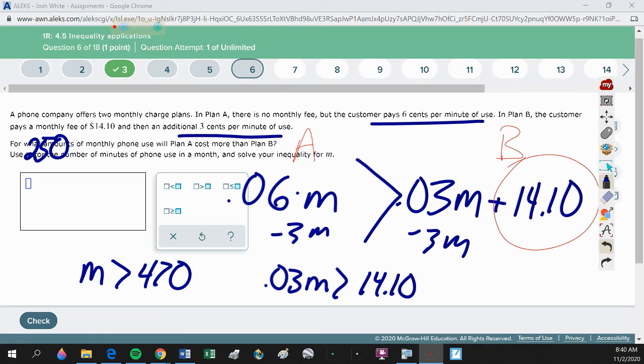Plan B is cheaper per minute, but you have a $14 payment at the beginning of every month. So if we talk 500 minutes, then this lower rate is enough to overcome the $14 initial payment. Does that make sense? Okay. Get to work.